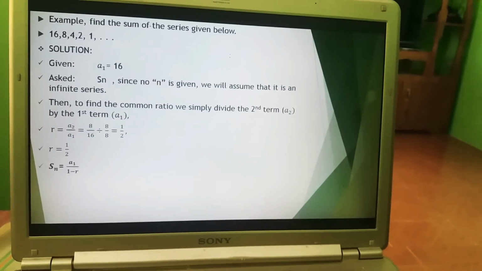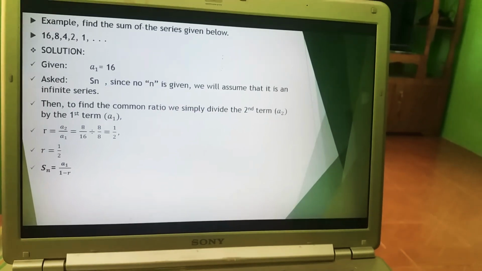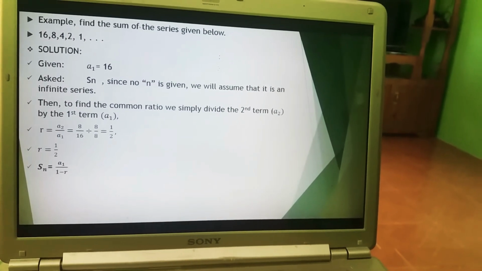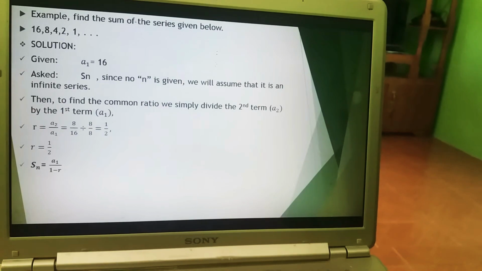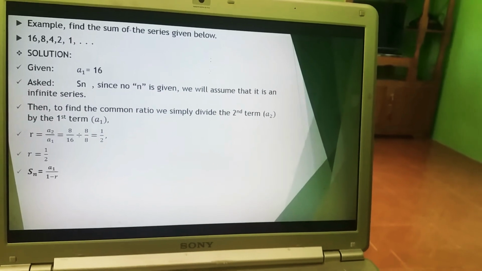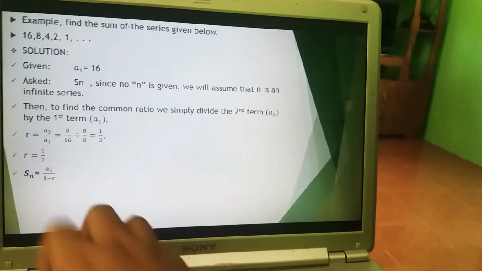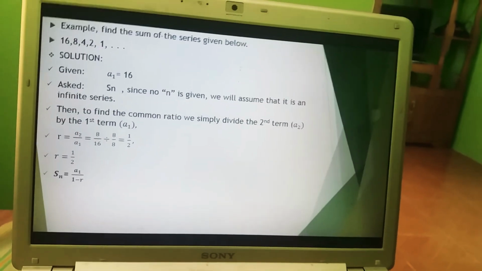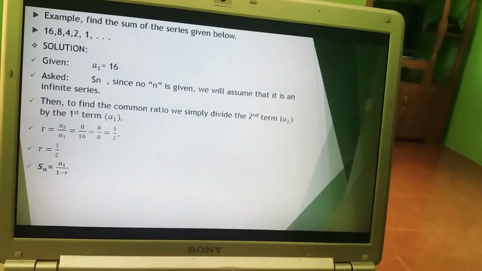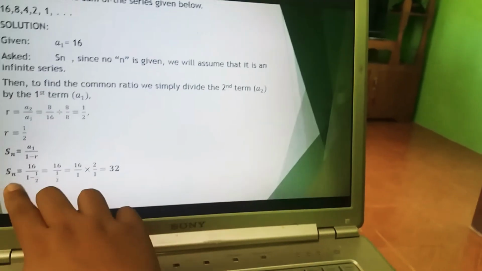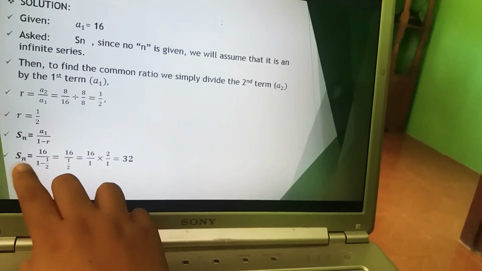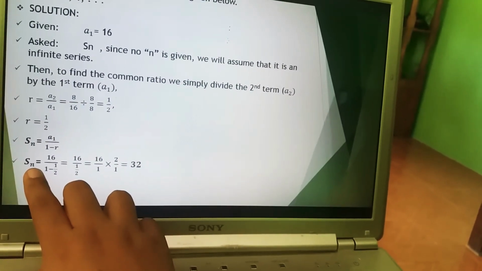Yan, 1 half. So, how are we going to find the sum of the series given below? Since it is infinite, we are going to use the formula for infinite. Ayan. S sub n, so we don't know n, infinite nga, wala tayong given na n, so S sub n lang siya.